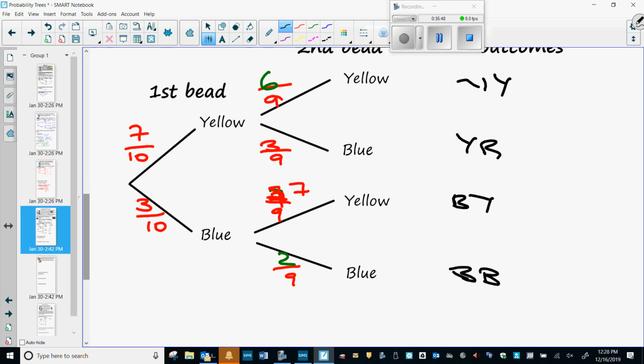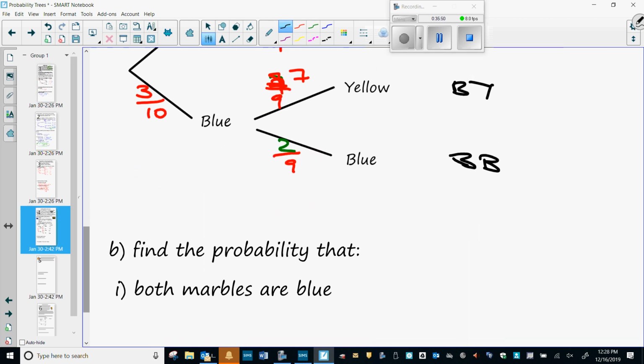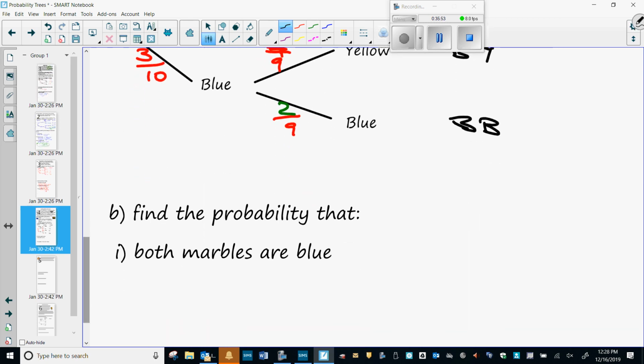So find the probability that both marbles are blue. Both marbles are blue means blue, blue. So we're doing probability of blue, blue. And you multiply, because we want a blue one and a blue one. Just as a tip, every single one of these we've multiplied. Sometimes we add as well.